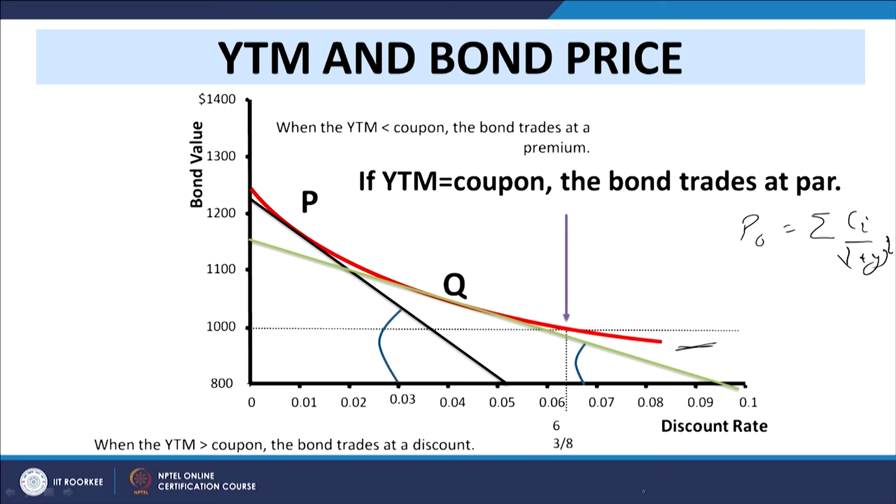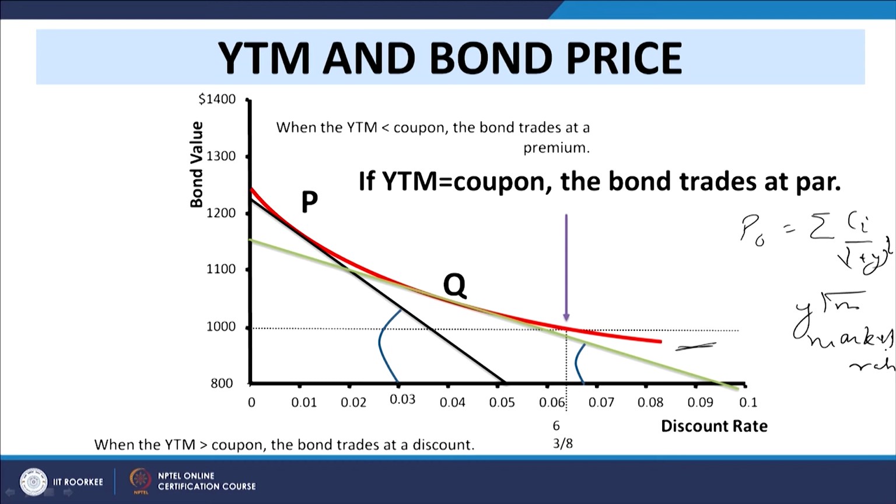The third thing: if YTM is less than the coupon, then the price is more than the par value of the bond. What does it mean? Let us try to understand it. As I just mentioned a couple of slides back, YTM epitomizes the market rate in some sense.